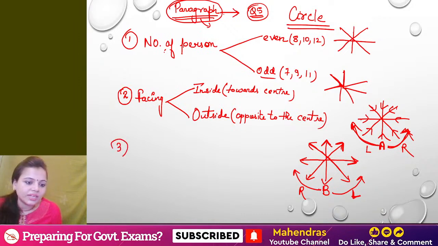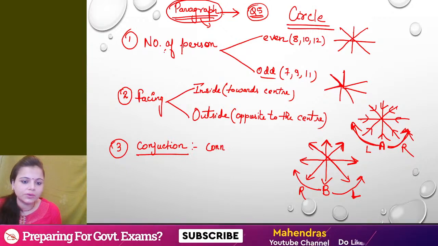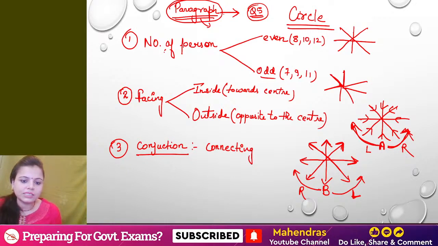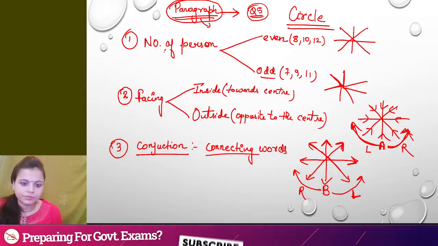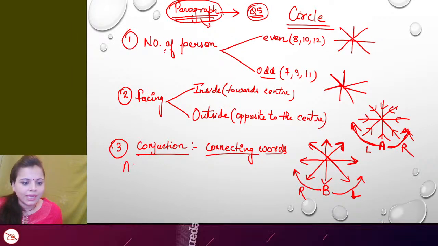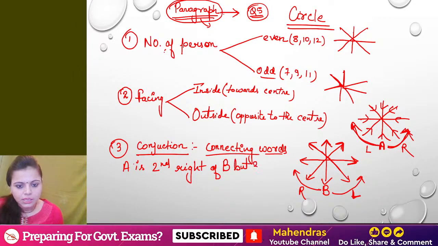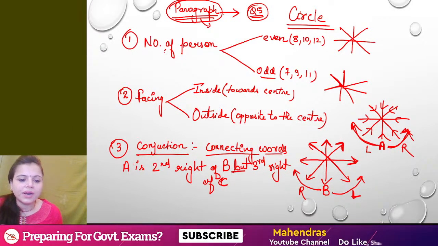The next, third point is the conjunction. Conjunction means connecting words. For connecting words, if it is written that A is second right of B, but third right of C, this 'but' represents which person?